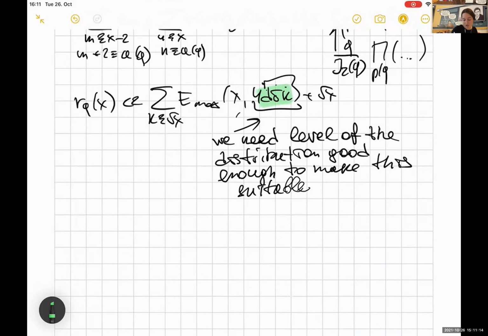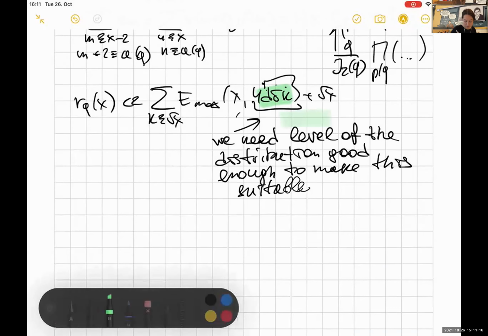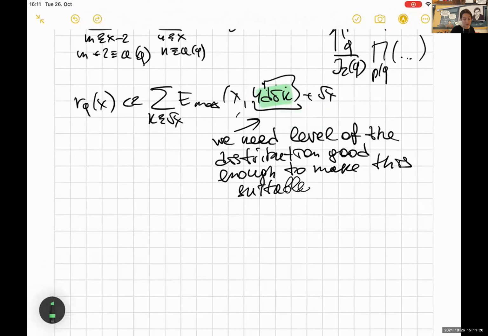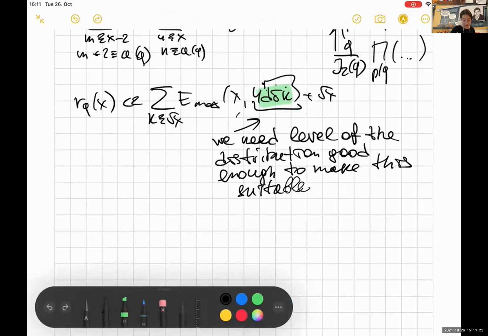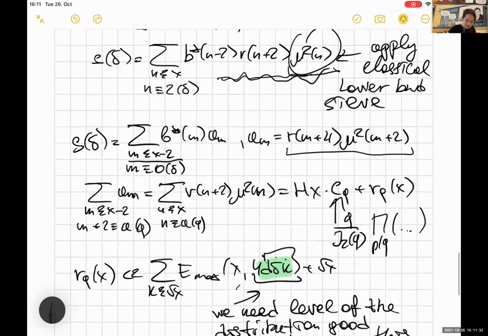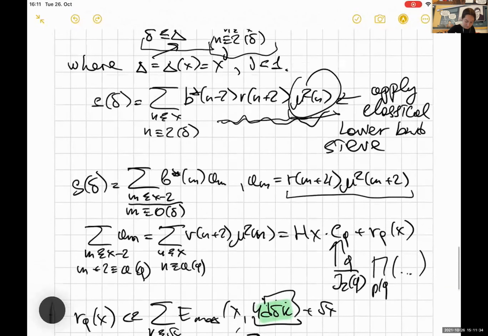And then we could actually bound the contribution of the smaller ones, because we are talking about the lower bound, not about the upper bound, since the upper bound is sort of trivial. So basically this is what you need to do. So this is how you get the estimate for s of delta.